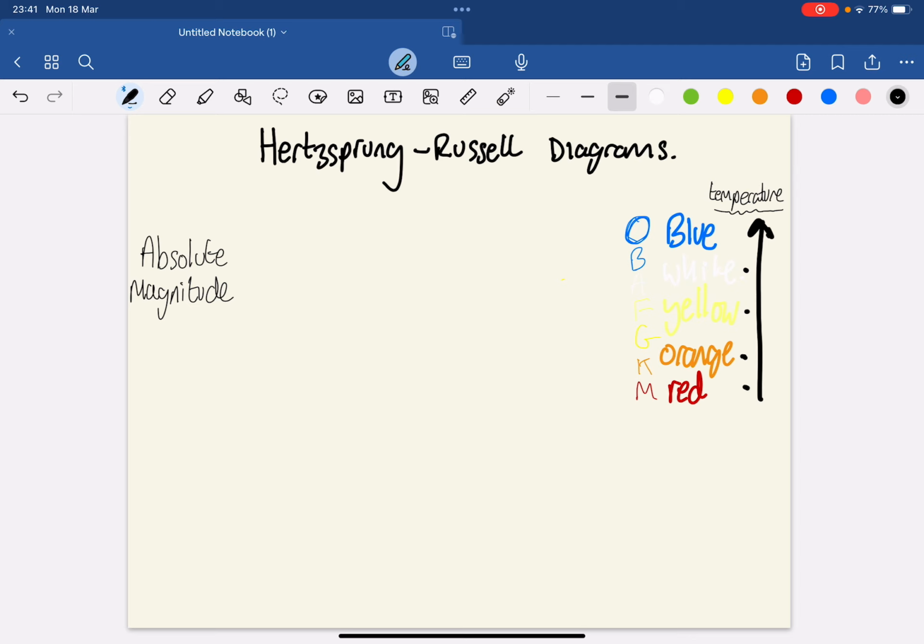And so we have a scale here. In actual fact, the blue objects here are classified as O, and they're at over 33,000 Kelvin. White-blue objects are classified as B, and they're between 33,000 and 10,000 Kelvin.